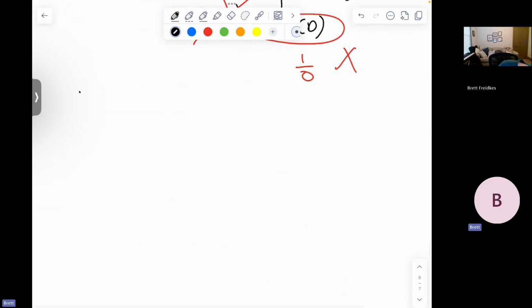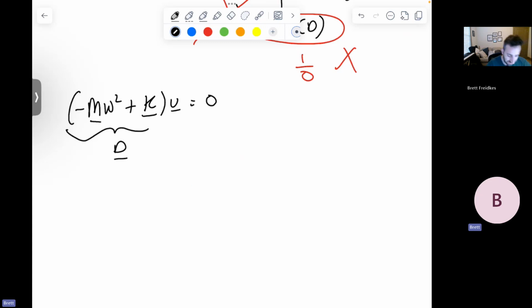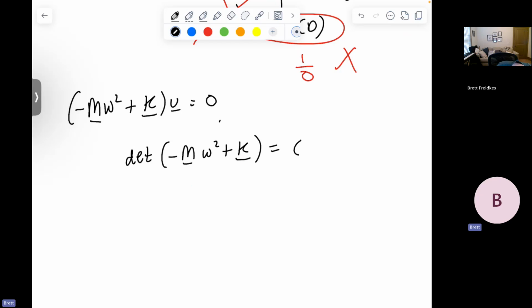So in our situation, we have negative m omega squared plus k, u is equal to 0. This is what I was saying that whole D matrix was. If I multiply by the inverse of that matrix, that would tell me that u is 0. But we don't want that. So we say that the determinant of that matrix must be 0.